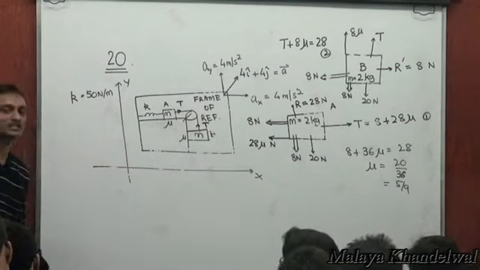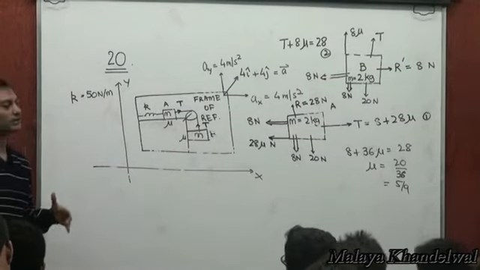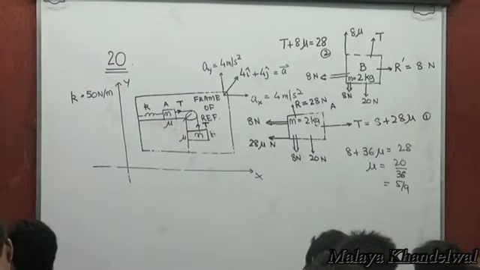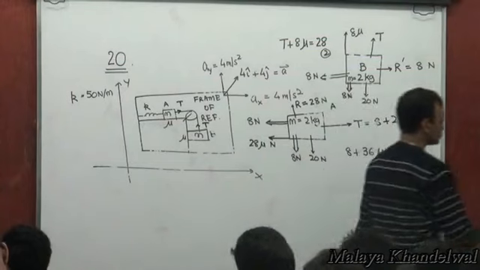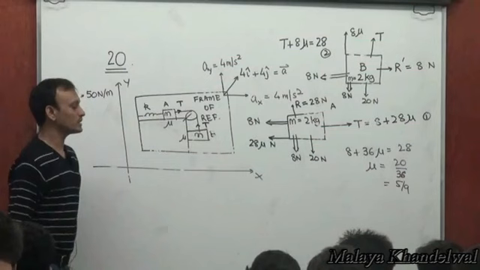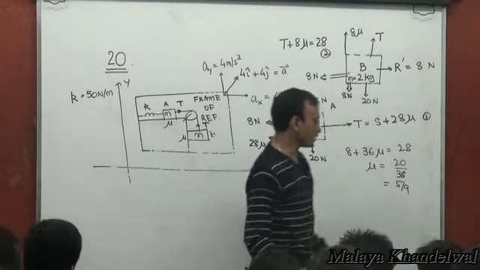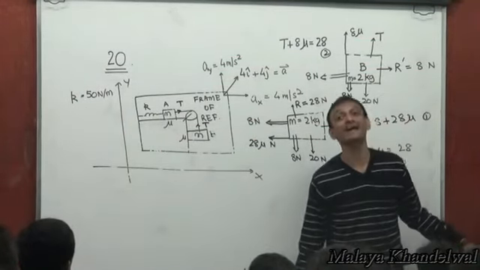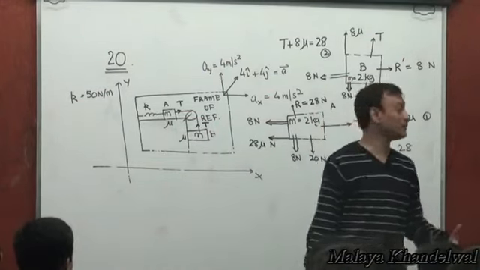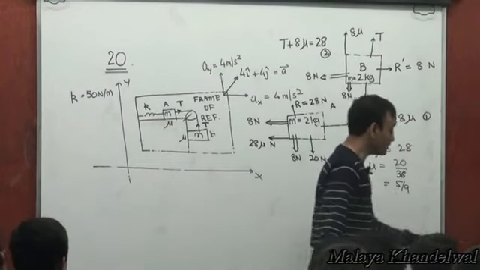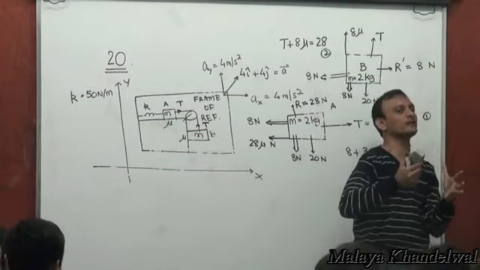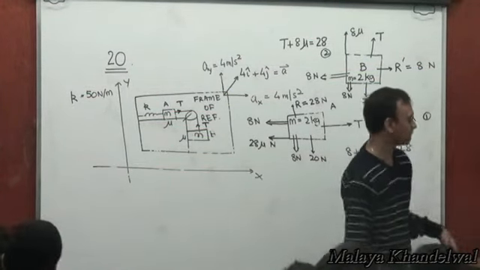Values of mu larger than this will cause the spring to remain put. Values of mu smaller than this will cause the spring to elongate. Clear? Now, once we understand this, the next part of the problem is, if mu is reduced to 9 by 35th of its value, then obviously the spring will get elongated because friction won't be enough to prevent that elongation, right?